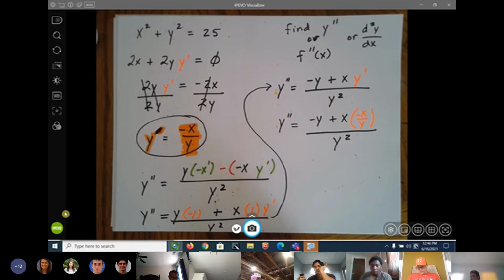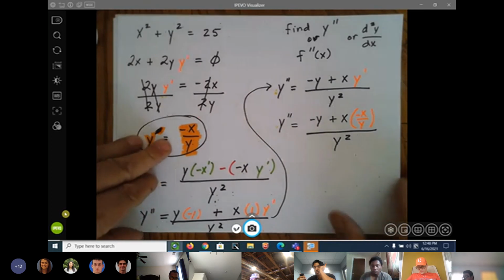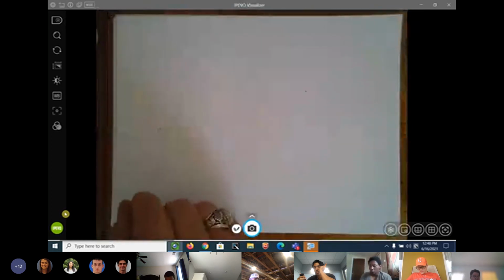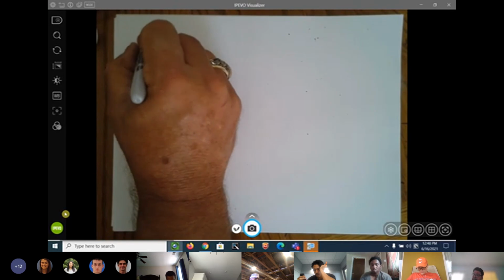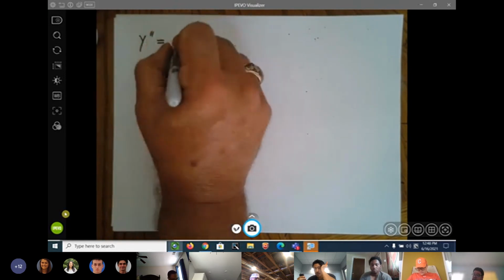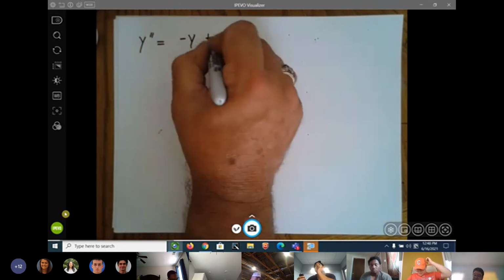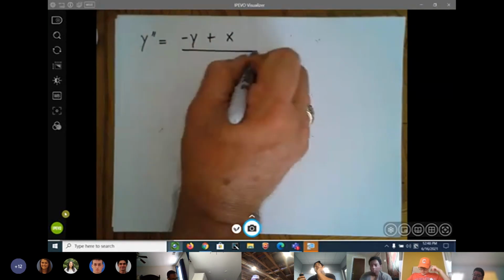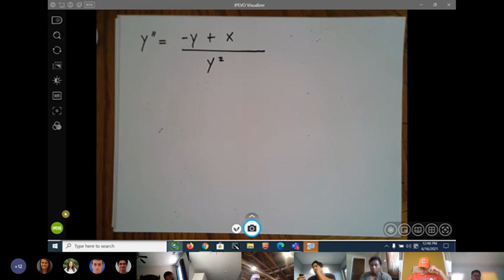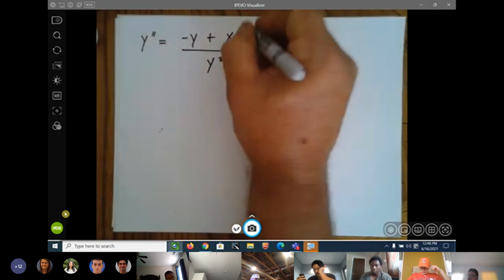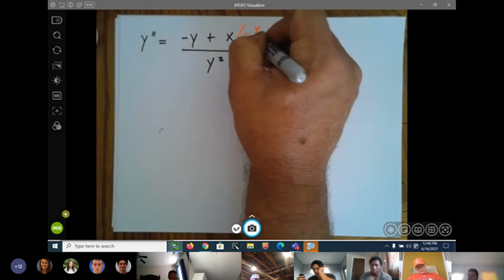I'm going to copy this on the next page. Y double prime is equal to negative y plus x over y squared, with negative x over y.